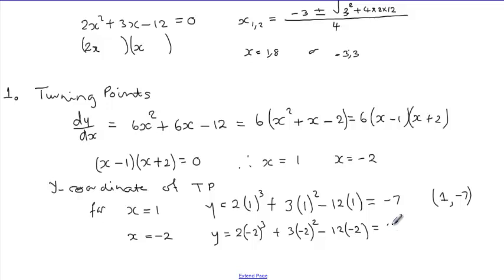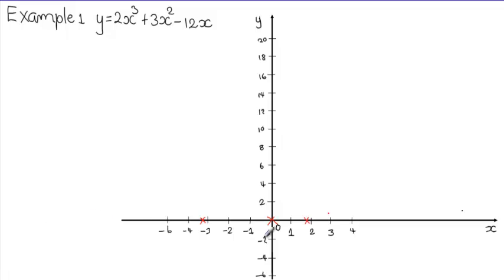Okay, so this is the value I was thinking about. 20. So I've got (-2, 20). That's the value we must plot. Are we there? So let's go back to the graph. And for minus 2, there is minus 2.